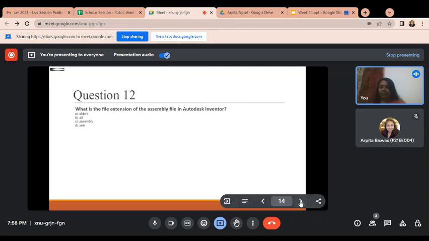What is the file extension of the assembly file in Autodesk Inventor? Option A is .sldprt, option B is .stl, option C is assembly, and option D is .iam. So what is the right answer?